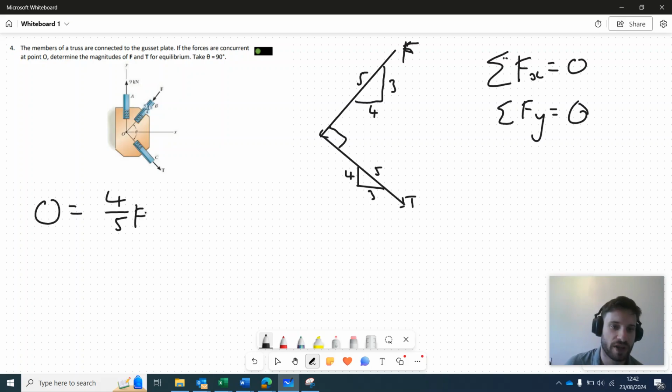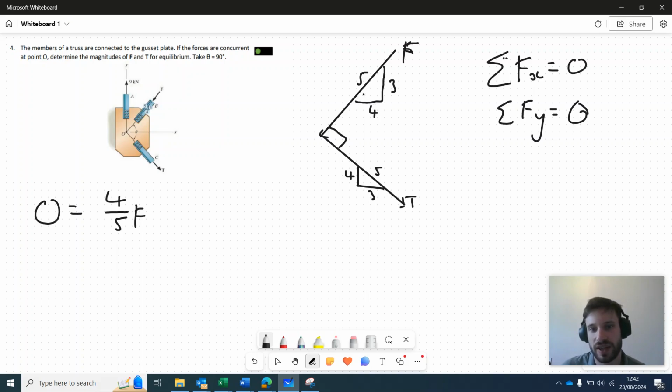F. If you're unfamiliar with this idea, I'll explain it briefly here. We have this 3-4-5 triangle that's aligned with this force F. Understand that the hypotenuse here is 5, and that the horizontal component here is 4.